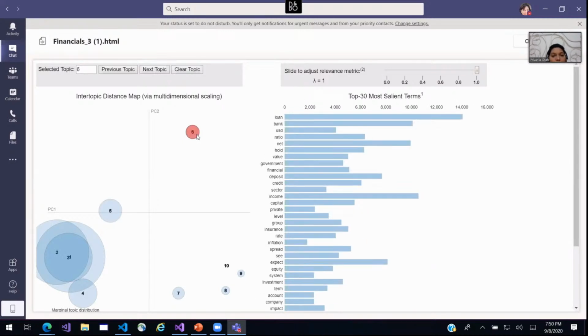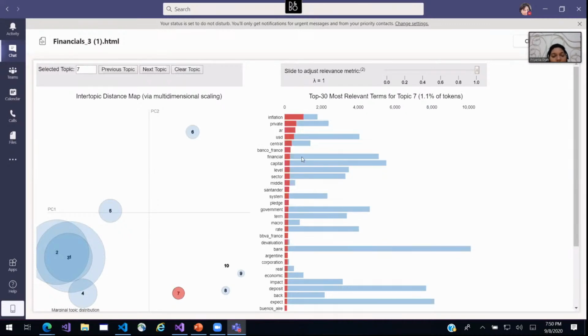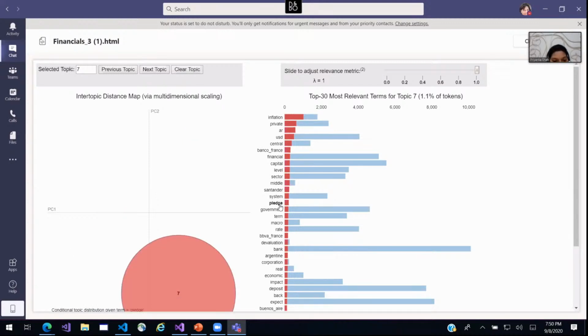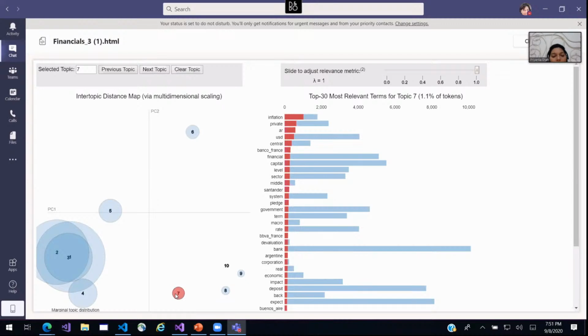Topic 6 again talks of financial aspects like the sector, private equities, insurance, inflation, the inflation spread, equity investment. Topic 7 talks about the impact, economic impact, corporation, devaluation, right?